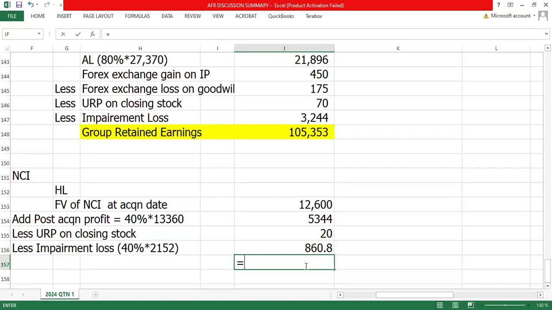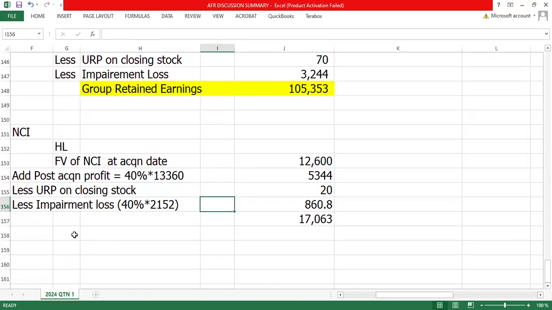Add the sum. Get this plus post acquisition profit minus this. And that's what I have. Then this will be NCI, then NCI carried down.